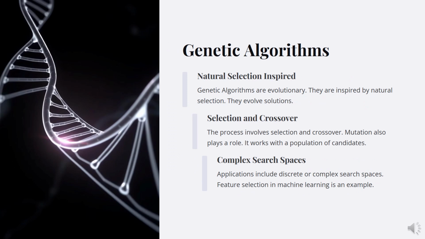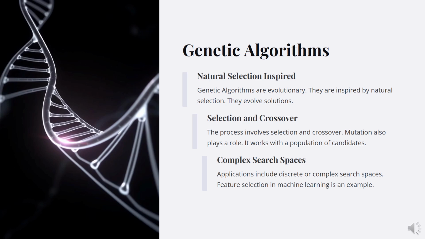Genetic algorithm. In genetic algorithms, three ideas are used: natural selection inspired, second, selection and crossover, and third, complex search space. First, natural selection inspired. Genetic algorithms are evolutionary and inspired by natural selection. Second, selection and crossover.